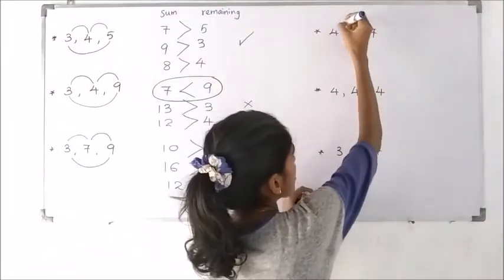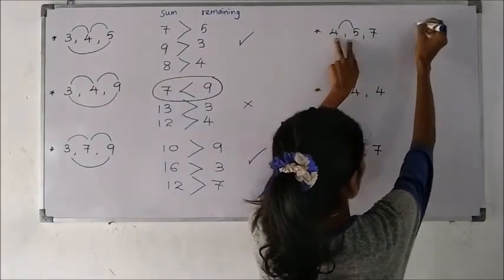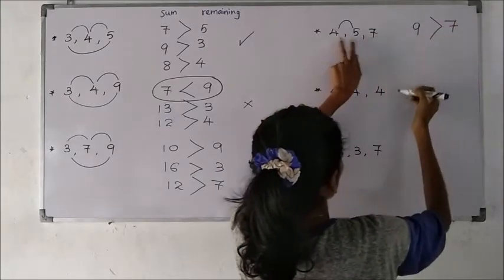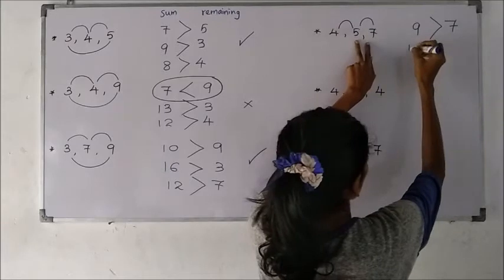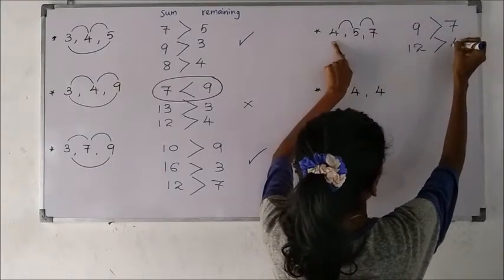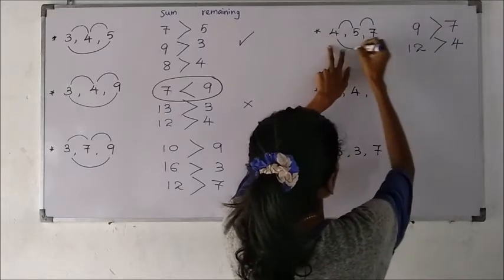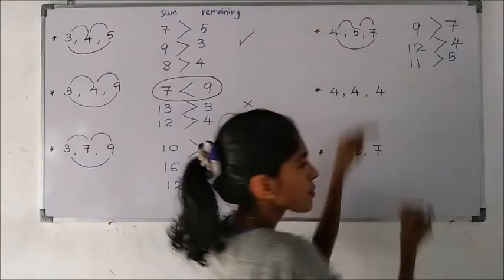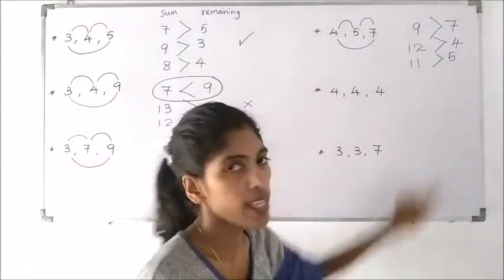Next, the first two we will add. 9, the remaining side is 7, greater. Next two, 12, the remaining side is 4. Next, first and last, 11. The remaining side is 5. Greater. All the three sums are greater.